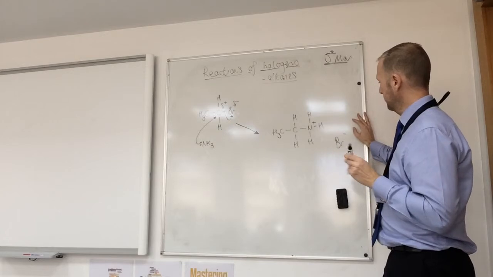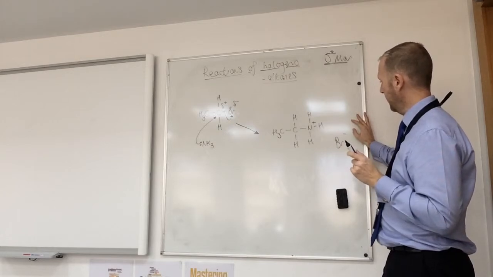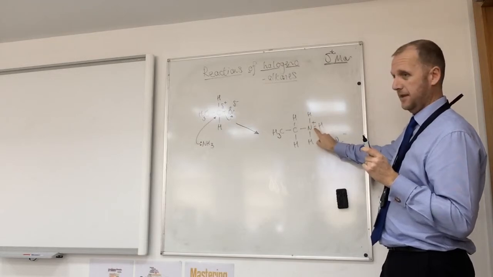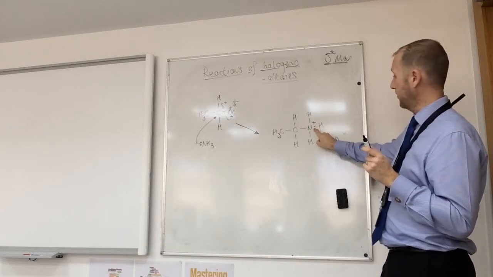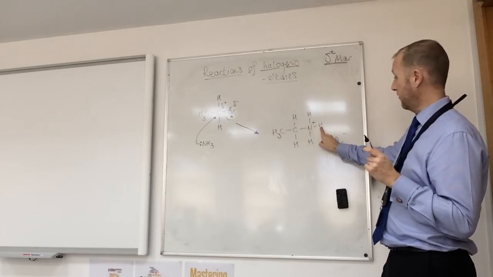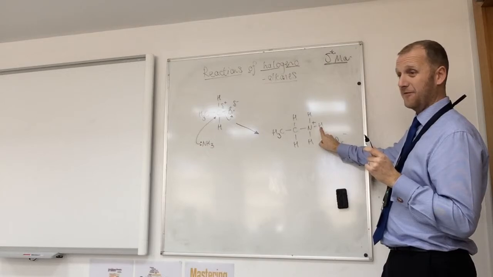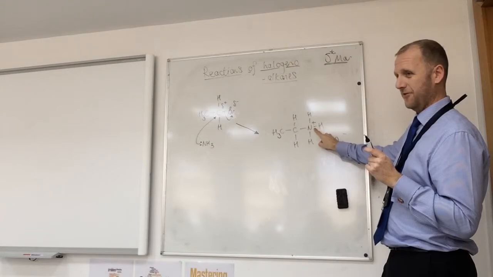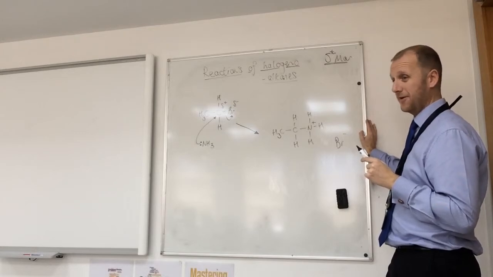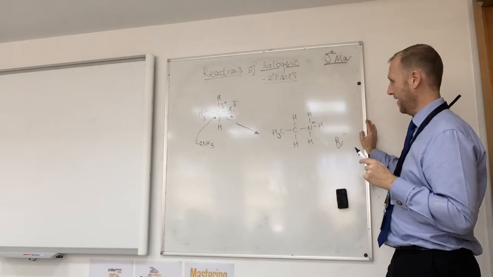Because this already had a lone pair here. If it was neutral, it would have a lone pair here. This hydrogen, therefore, has got kind of less electrons than it would normally have. So there is a positive charge there. You'd have to go through the whole dot and cross diagram to really work it out, but there is a positive charge there. You're just going to have to take a little bit of my word for it.